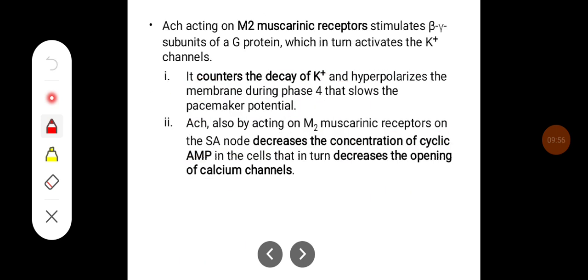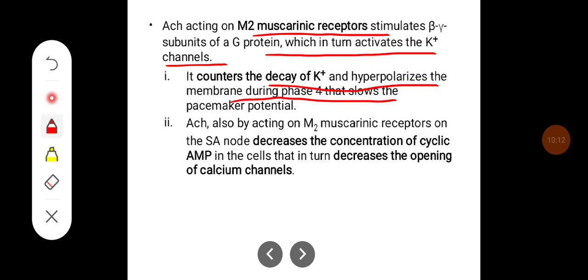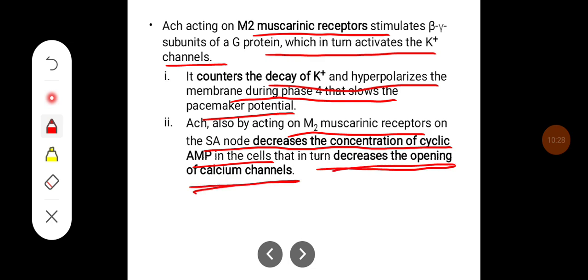While acting on M2 muscarinic receptors, it stimulates the beta and gamma subunits of G protein, which in turn activate the potassium channels. So it counters the decay of potassium and hyperpolarizes the membrane during phase 4, which slows the pacemaker potential. Acetylcholine, by acting on M2 muscarinic receptors on the SA node, also decreases the concentration of cyclic AMP in the cells, which in turn decreases the opening of the calcium channels.